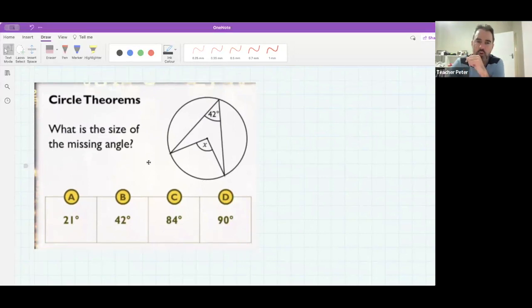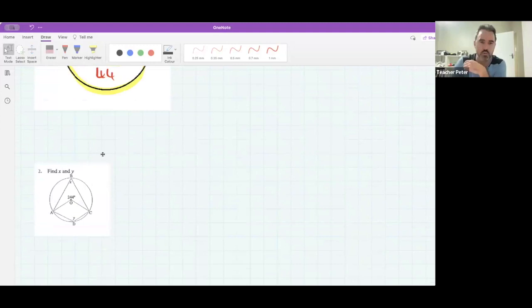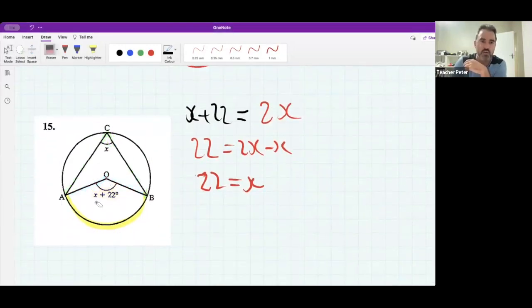The previous one, I think maybe some of you lost me for a second, so I'm just going to go over it quickly. If you look at this, the big angle here is x plus 22. So I've written it down over here. Now the small one is x. But because it's half the size of that one, I need to double it in order to make the two equal.